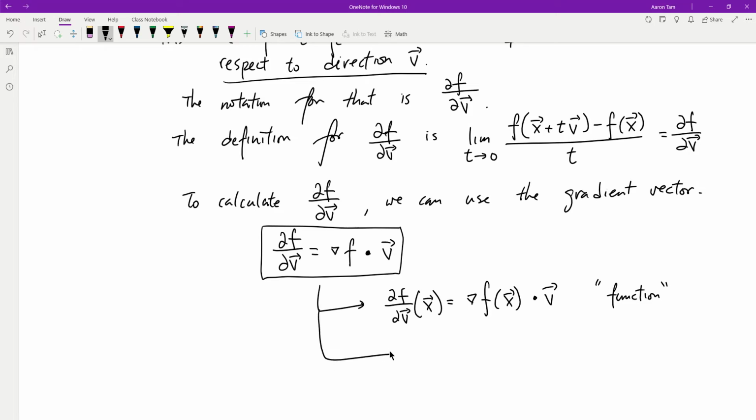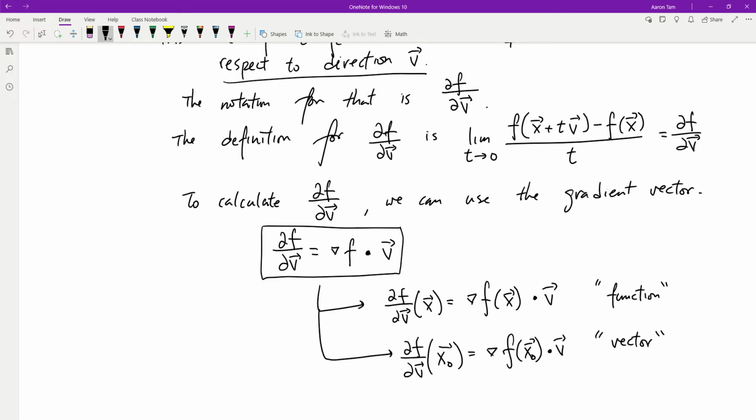But there's a second notation, which is df over d vector v evaluated at x sub 0, and that equals the gradient vector at x sub 0 dot product vector v. So this one is a specific vector being evaluated. Make sure you understand there's a difference between the two. Just like last unit, I usually call the top one the gradient function versus the gradient vector.